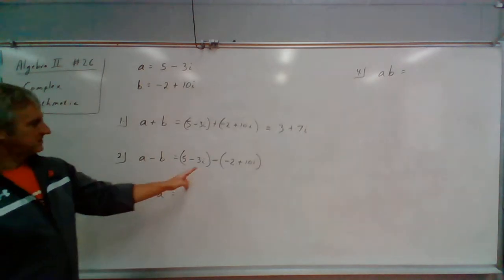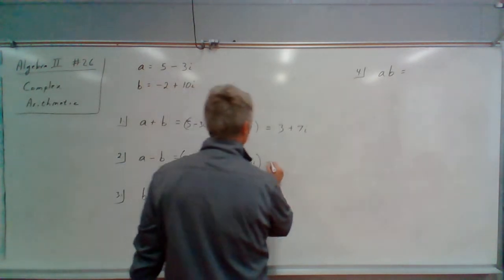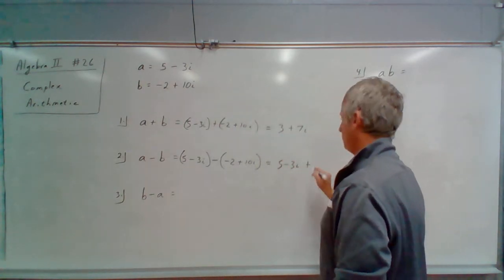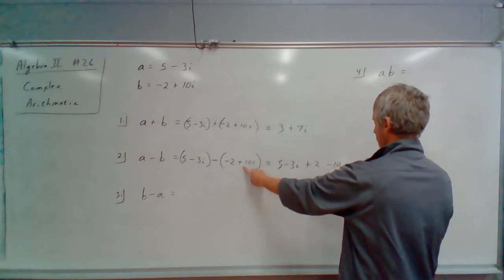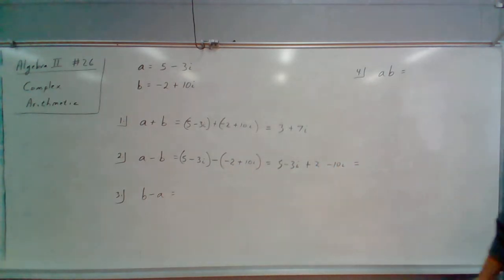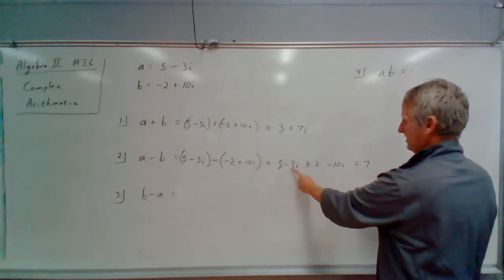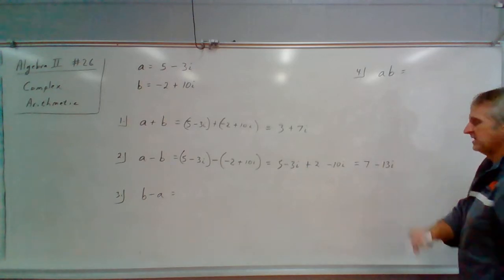Then this minus will change all these signs in here. So we will have 5 minus 3i plus 2 minus 10i. Then 5 plus 2 is 7, and negative 3 minus 10 is minus 13i.